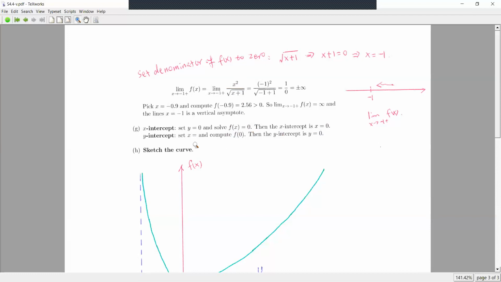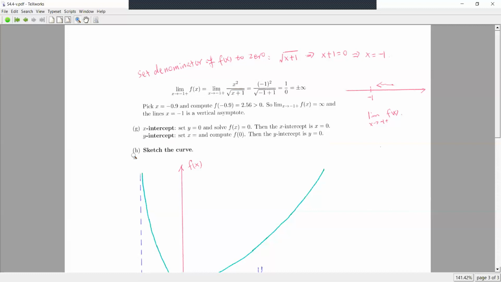To find the y-intercept, set x to 0 and compute the function value at 0. Plug in 0 for x, the function value at 0 is 0. So the graph of the function also crosses the y-axis at the origin. This is step number 7.